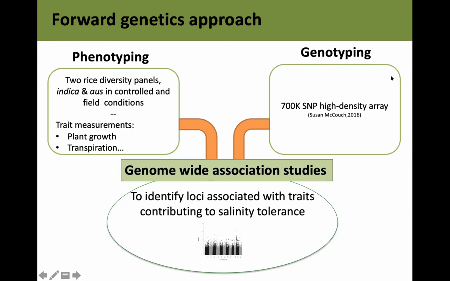And the genotypic data is a 700K SNP chip high density array from Susan McCouch's lab. And we take these 2 data sets and we do a genome-wide association study. So we examine SNPs across the genome as they represent a promising way to study complex traits in which many genetic variations might contribute. So we're trying to identify loci contributing to traits, in this case, to salinity tolerance.